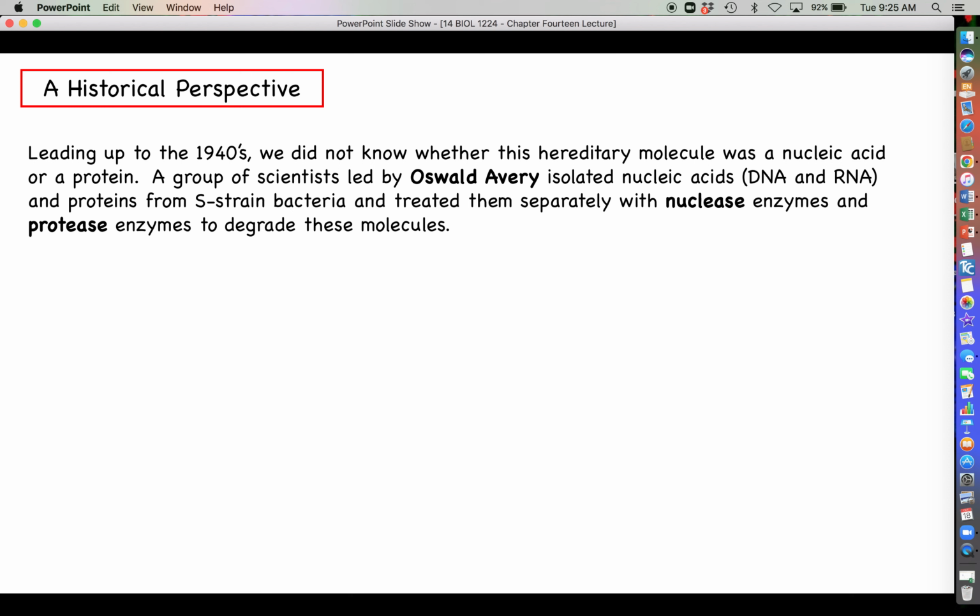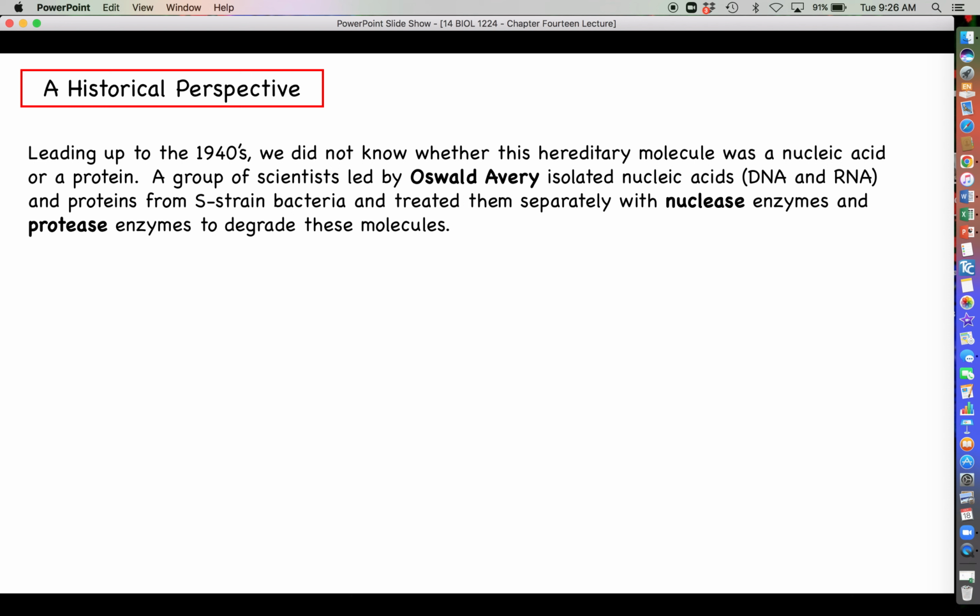Okay, so at that point, that was a very, very important watershed moment for us, but that did not definitively prove that it was DNA that was the hereditary molecule. At this point, there were two candidates. Either the hereditary molecule was DNA, or it was a protein.